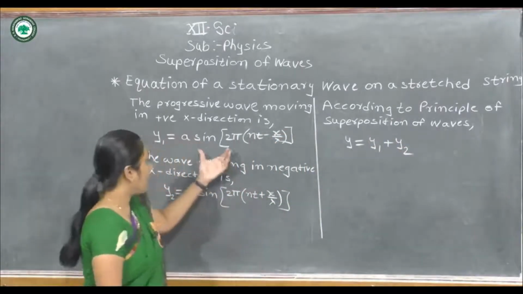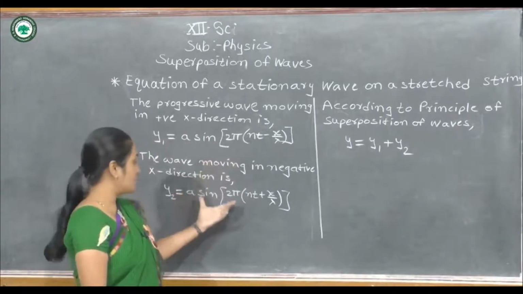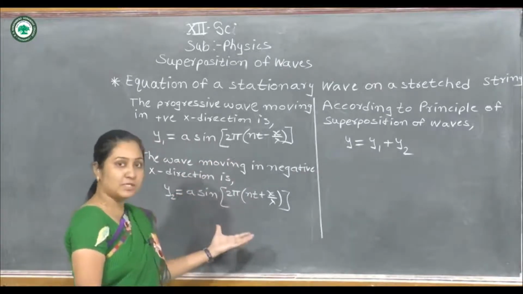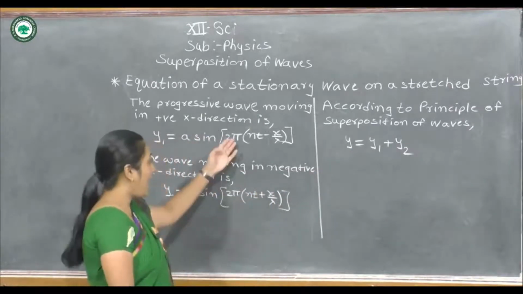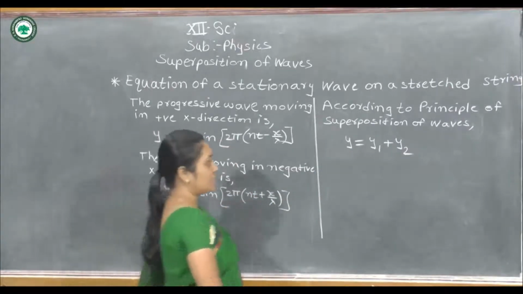Now we have y1 equal to this equation and y2 equal to this. So we can find the resultant displacement y by adding these two equations.